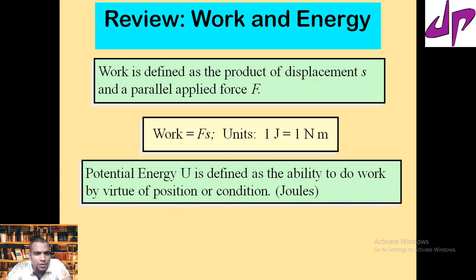Here I need one more definition, which is known as potential energy. Potential energy is defined as the ability to do work by virtue of its position or condition. So if an object is placed at a height, because of its position the object gains energy, which we know as potential energy.